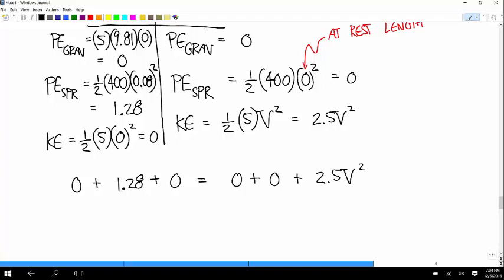And so could someone calculate v? 0.715 meters per second, and we want the positive one.